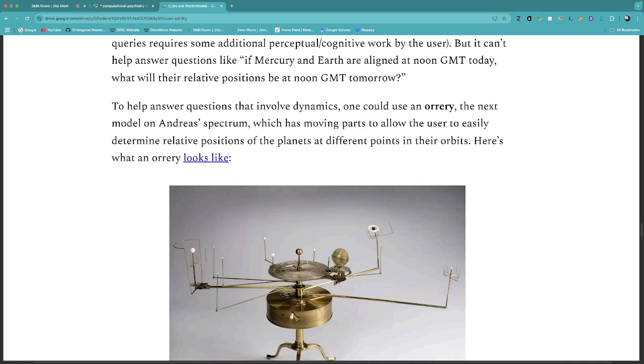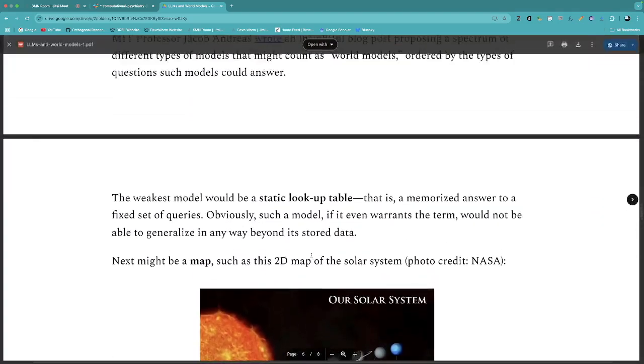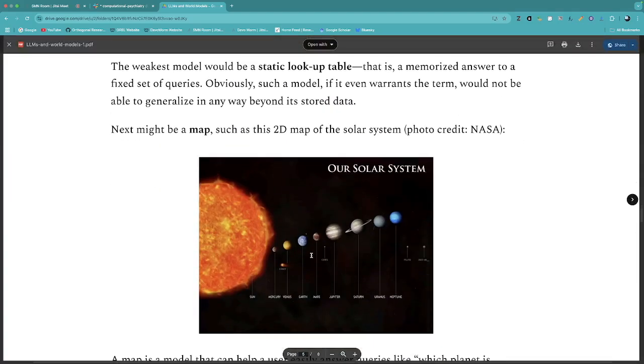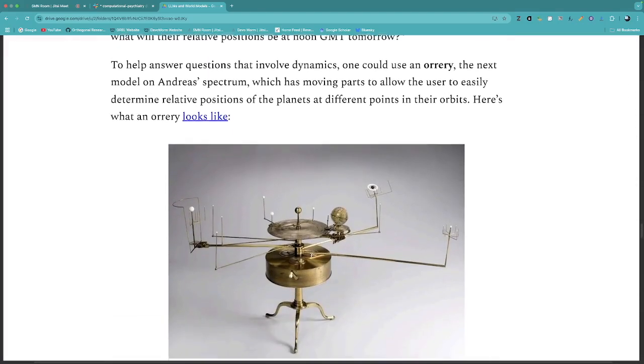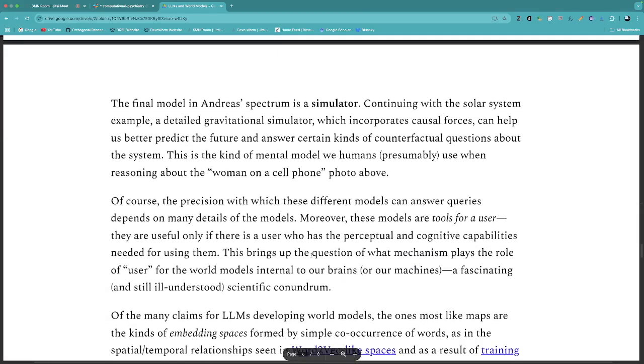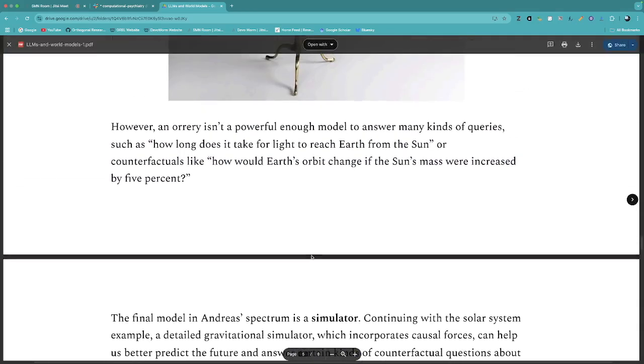You represent their orbits by these rotating arms, and you can query the model by moving the arms in different positions, and you can query not only the relationship between the sun and the planets, but also things like their relative positions in their orbits. So we have a lookup table, a two-dimensional static map, and a three-dimensional dynamic map. Those are the three.